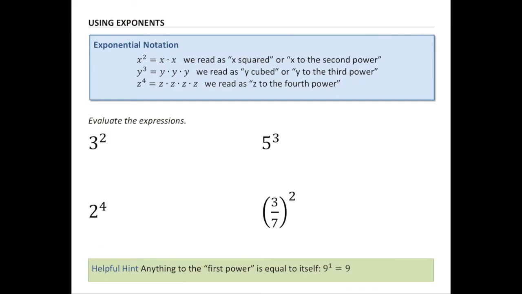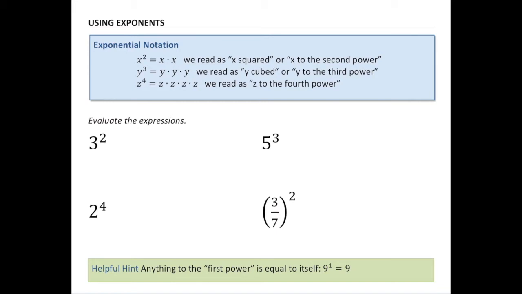The first thing we need to talk about is exponents and using exponents. Exponential notation, if you looked on the previous page, you saw s squared and s cubed. Those are two examples of exponential notation. And basically, an exponent tells us to multiply a variable or a number by itself a certain number of times.